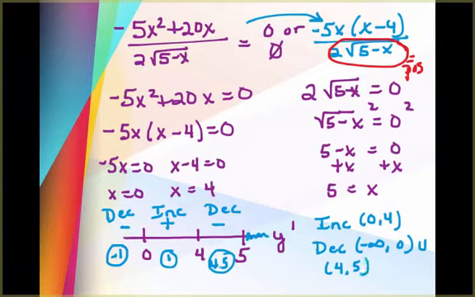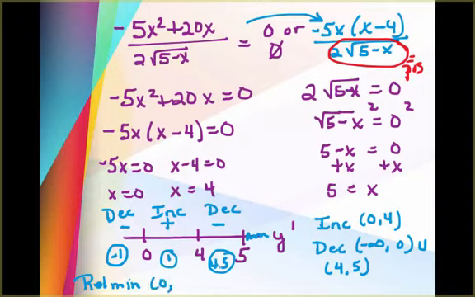Now the last thing we need to do is determine our relative maxes and mins. So if I look at the problem, we switched from a negative derivative to a positive derivative, or from a decreasing function to an increasing function, which means we had a relative min at 0.